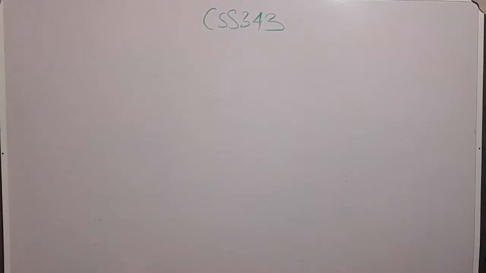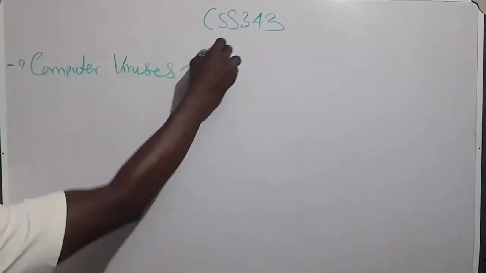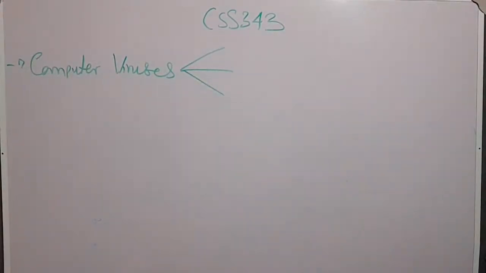So we have computer viruses. A lot of them actually, so we're going to be picking just very few. But when we say computer viruses, what are we talking about? What does virus mean itself? Viruses are defined as a section of code introduced into a program for malicious purposes.